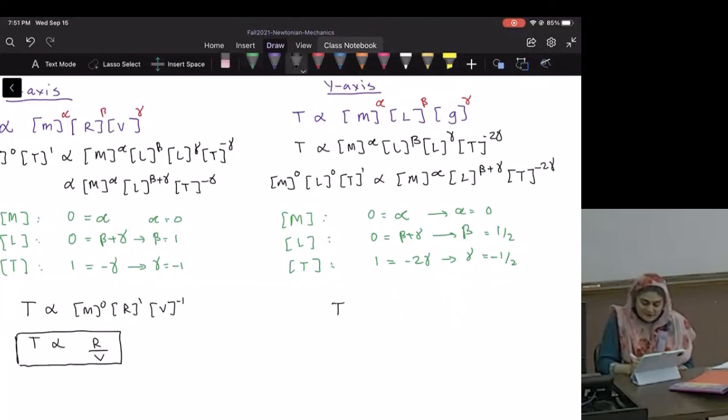And what do I get at the end? T is proportional to m to the 0, L to the half, and G to the minus half, which means I can write this as T is proportional to root L over G.